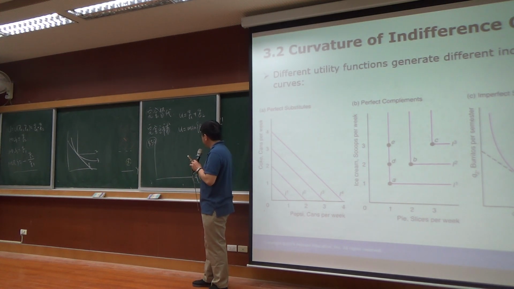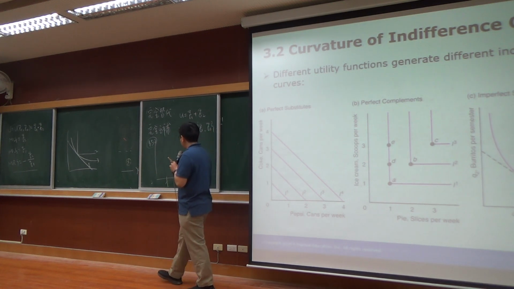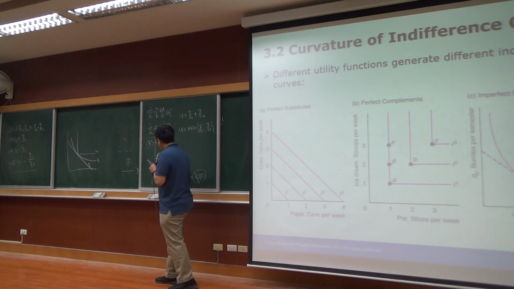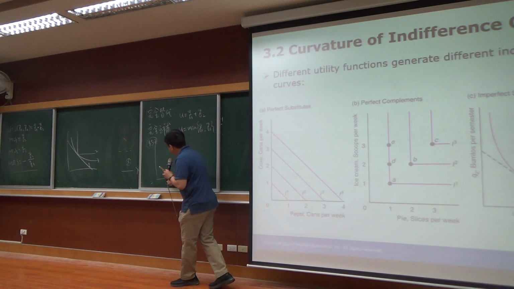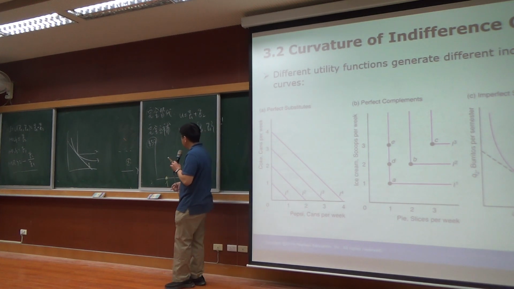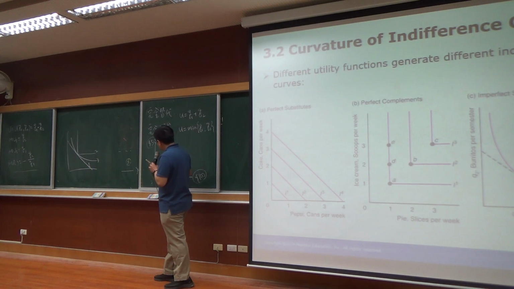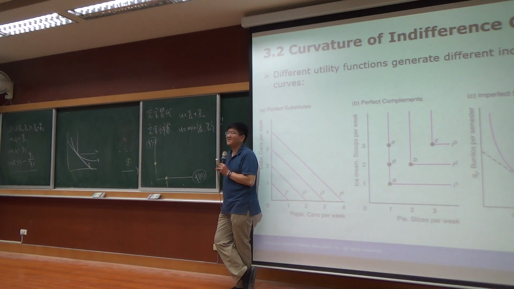All right. So if I give you one $100 paper bill, the utility would be the same as two $50 coins.